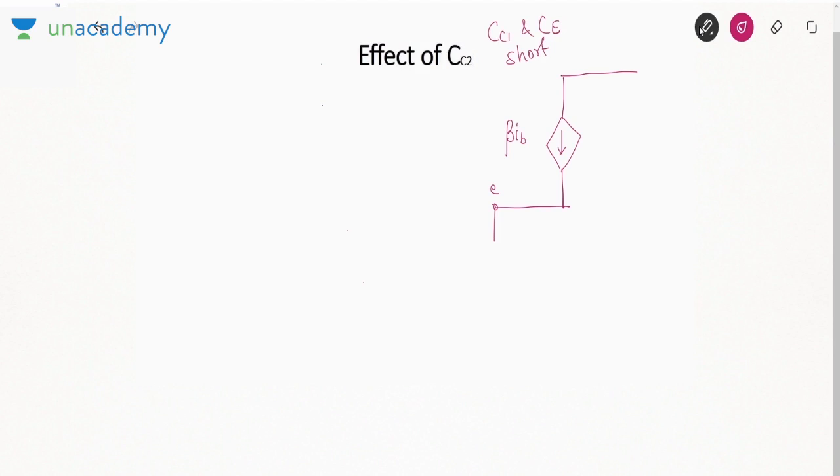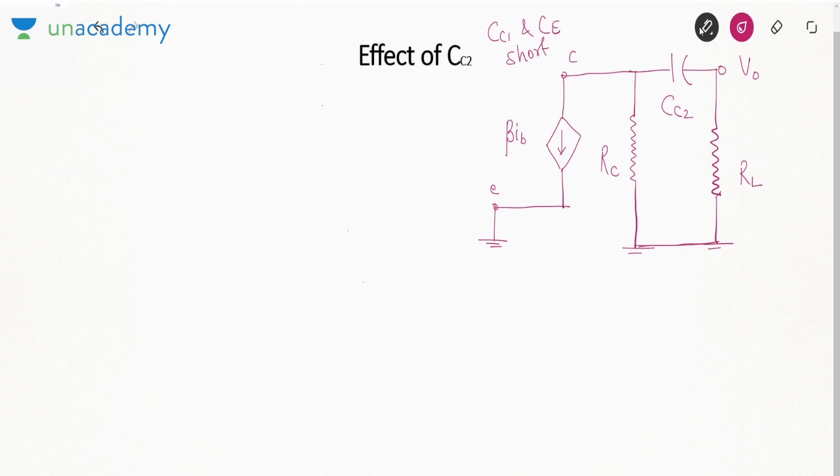If CE is shorted, emitter is connected to ground. This is collector. We have a resistance between collector and ground, which is RC. Then we have a capacitance CC2. And this is V0. Across V0 we have a resistance RL. Now both are grounded, so they both can be connected.